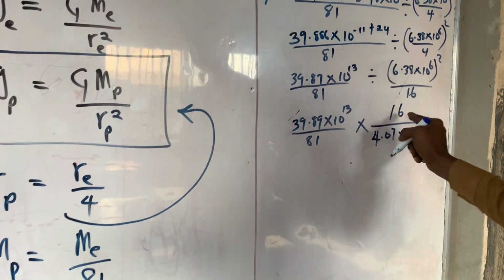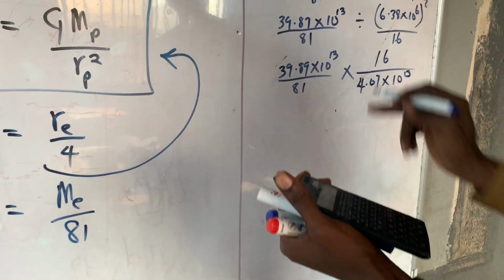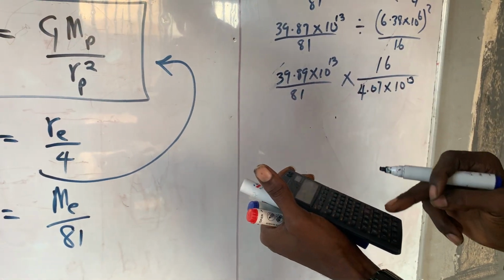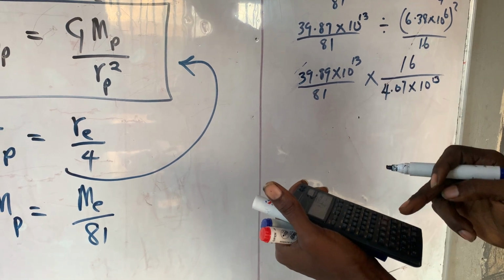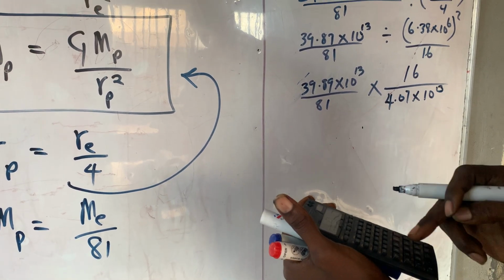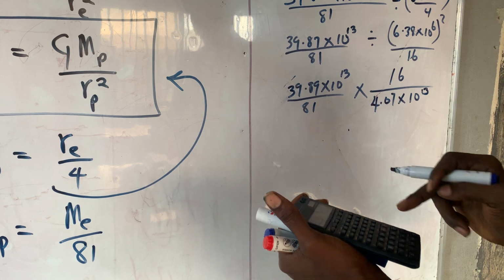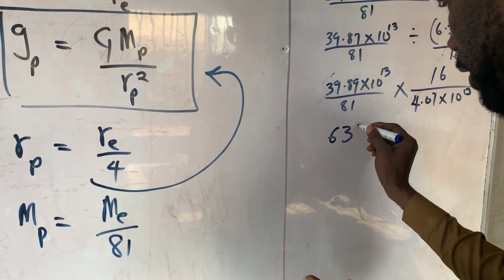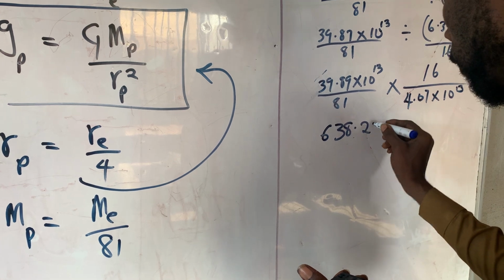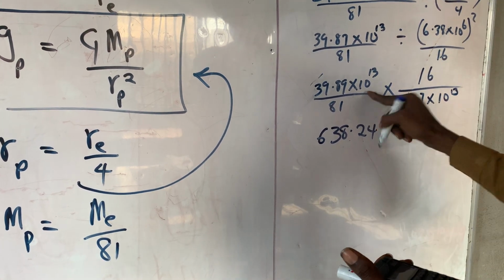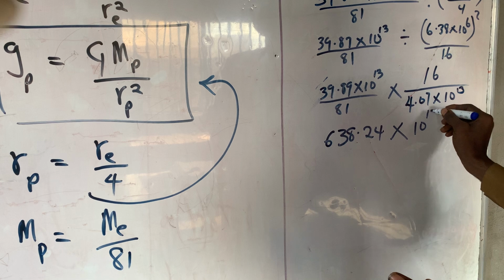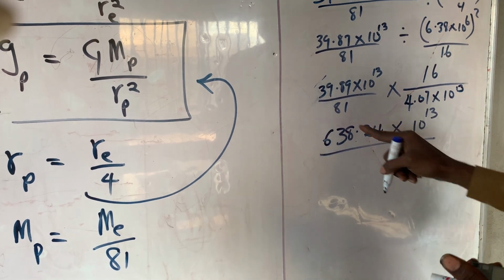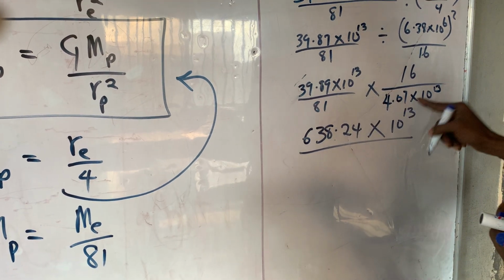So at this point now we multiply. If we multiply 16 times 39.89, that is going to give us 638.24 times 10 raised to the power of 13. Divided by 81 times 4.07.